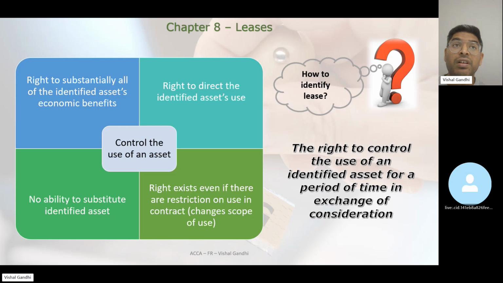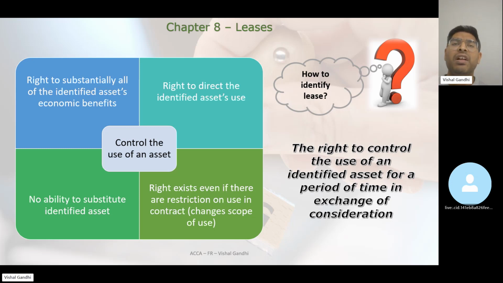That still does not take the right from the lessee to direct the use of identified asset. Lessee can use the identified asset, except that country, lessee can use that ship anywhere else, right? So that is a scope, changes of scope in use. Right exists even if there are restrictions on use in the contract.